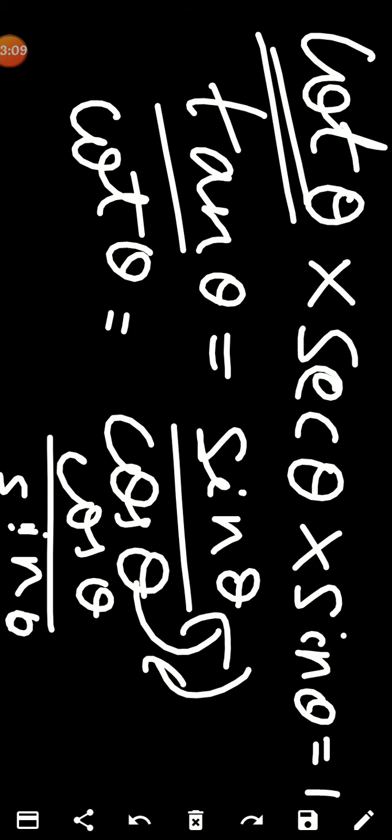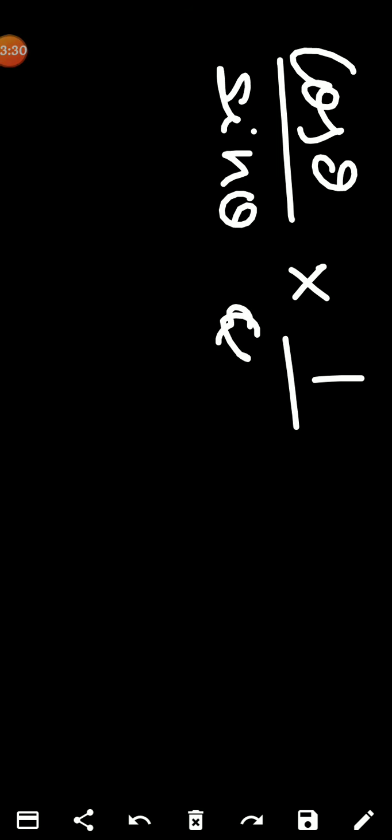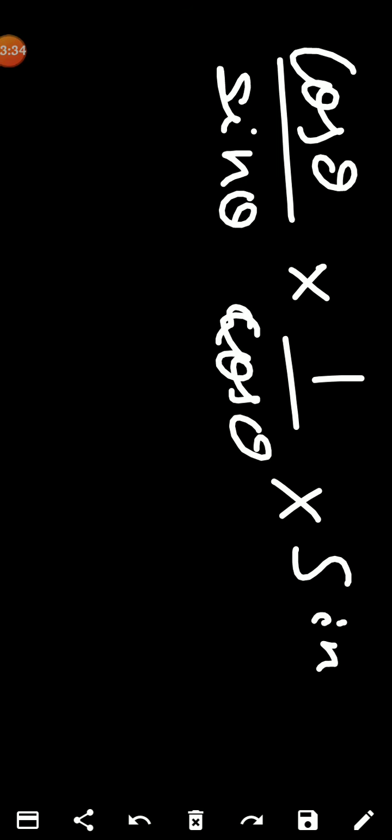Okay, and secant theta is the reciprocal of cos theta. So now let's plug in these values in our equation. So therefore we get cos theta over sine theta multiplied by 1 by cos theta multiplied by sine theta is equal to 1.